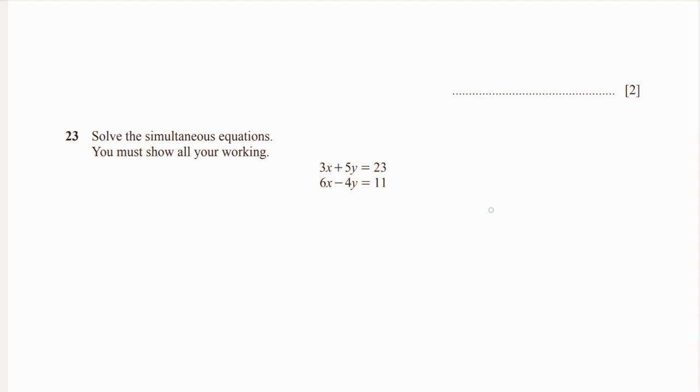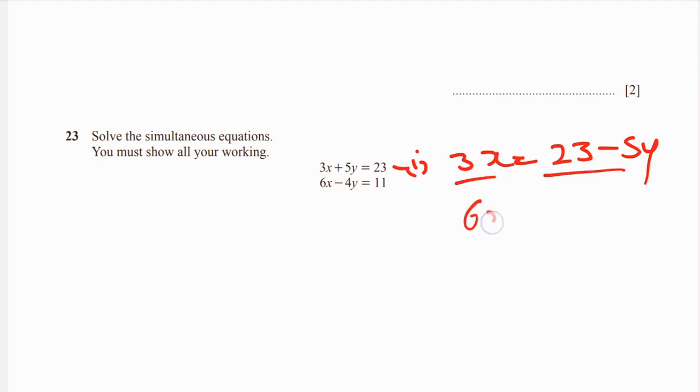Solve the simultaneous equations. You must show all your work. Okay, we have the substitution method and the elimination method. Both methods are mentioned. If I use the substitution method, 3x is equal to 23 minus 5y, from the first equation, where we transfer 5y to the other side. What is the value of 6x?